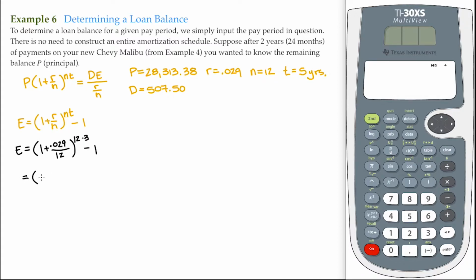So if you recall, this comes out to be 1.00241667, except instead of raising it to the 12 times 5, which is the 60th power, we now raise it to the 36th power, minus 1.